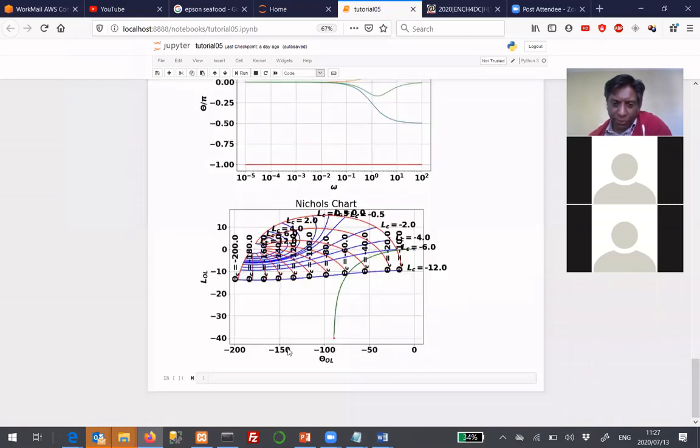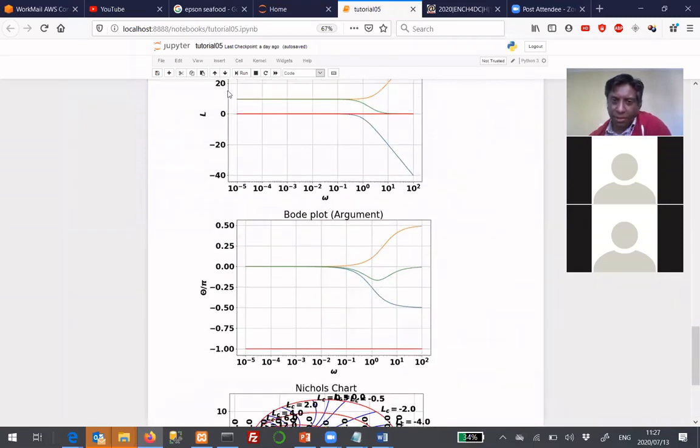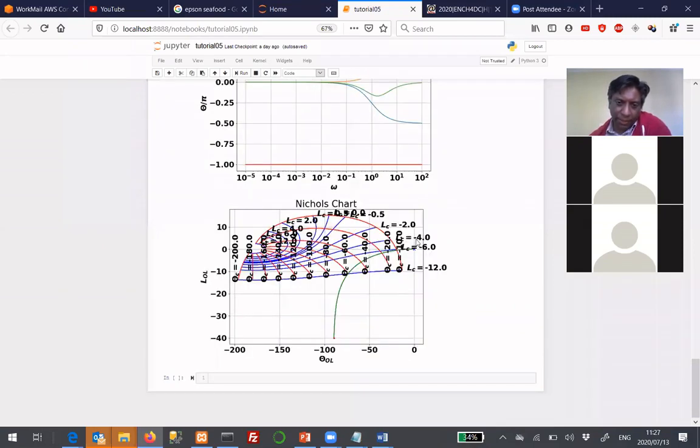So we just go over here to 0 and 10, and we plot that point there. Right, so that's how we create the Nichols chart. We select a series of values in omega, and that gives us a series of L's and thetas. And then we just plot each of those points, and that draws out a curve for us.